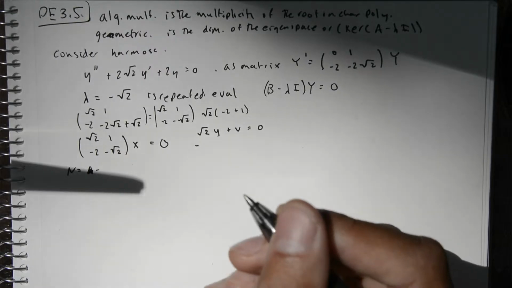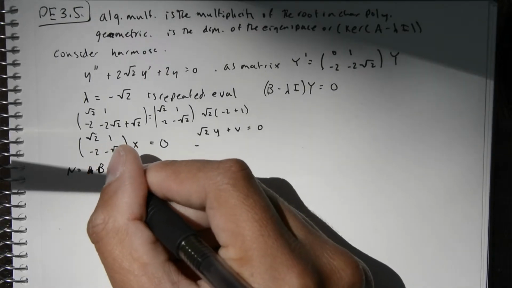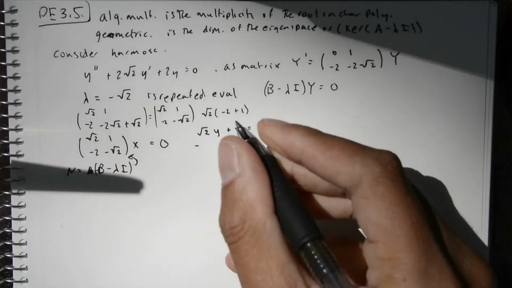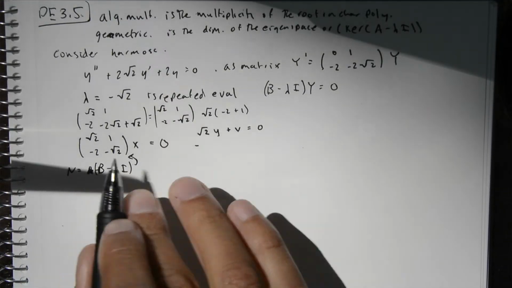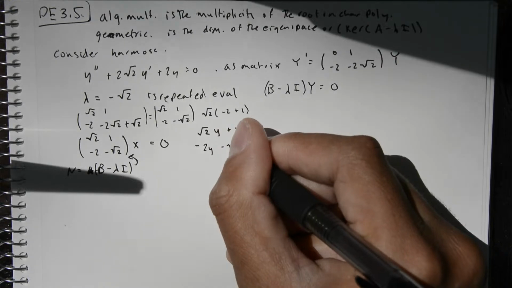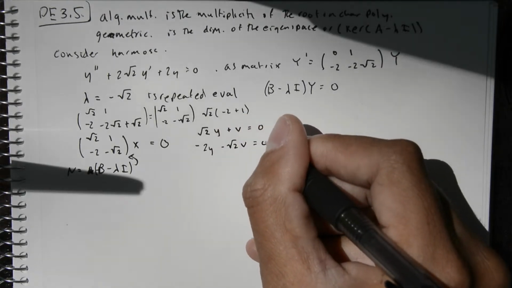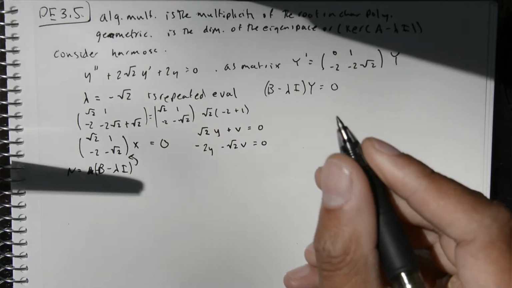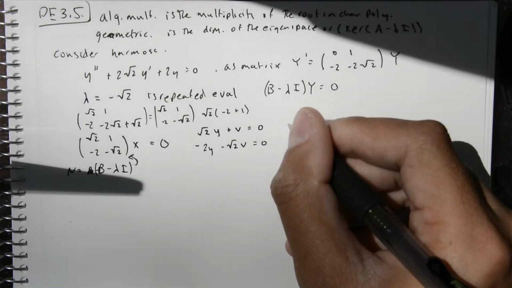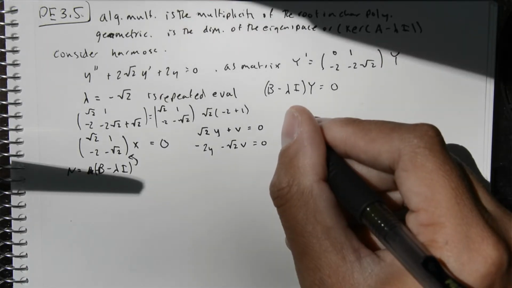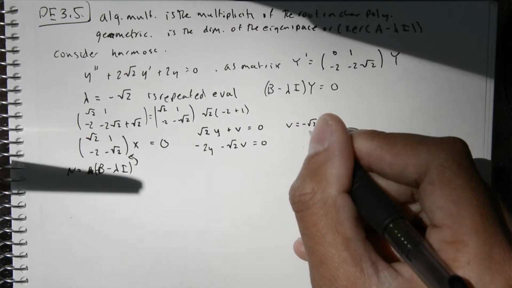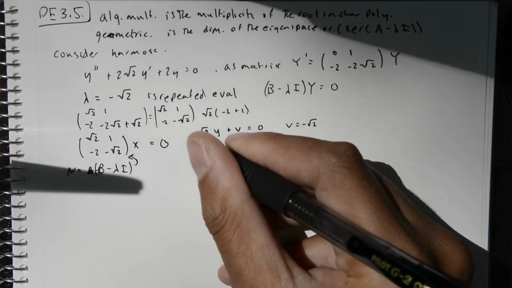They call it B minus lambda I. So that's this matrix right there. And then we turn it into equations. We get this is going to be minus 2y minus root 2 v is equal to 0. So yeah, we're going to get that v is equal to minus root 2.